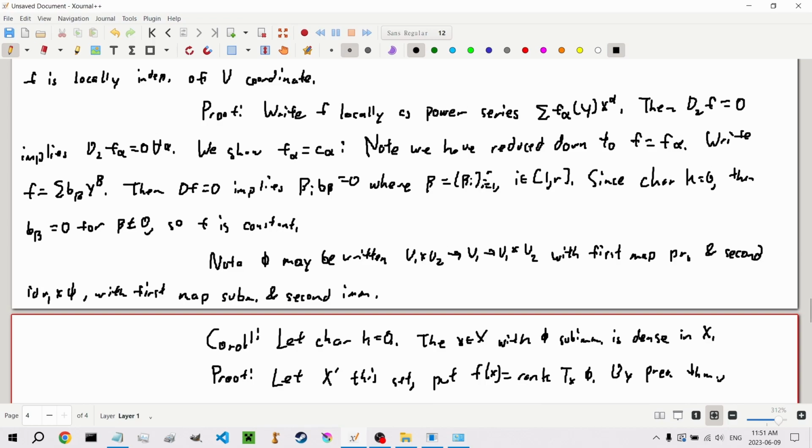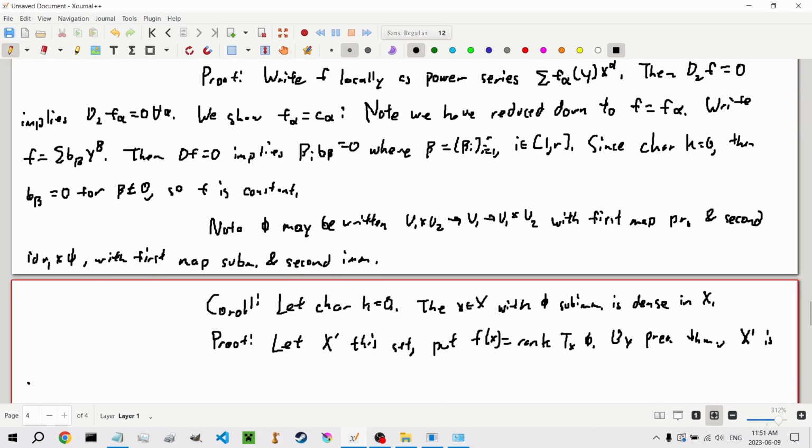By the previous theorem, X prime is the set of elements of X with f locally constant. We're done by the following two properties of f.